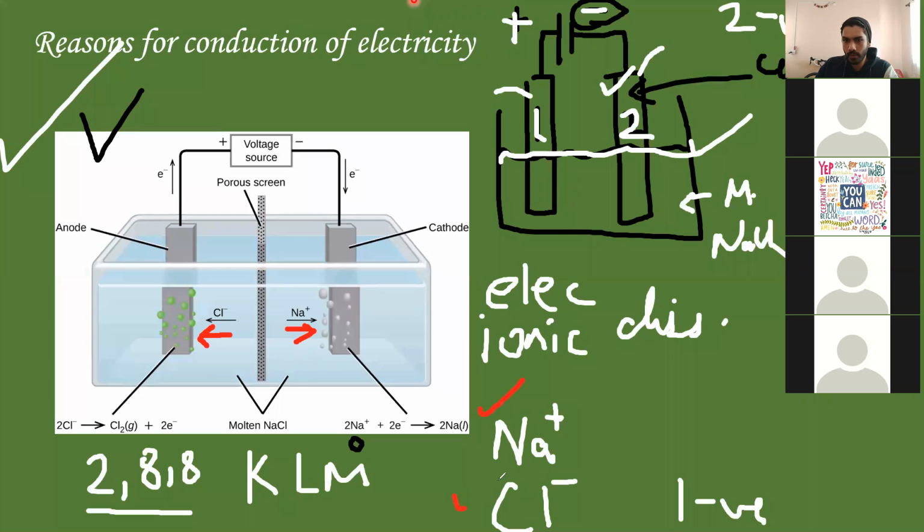So NaCl breaks into Na plus and Cl minus. Now what happens is the Na plus, being plus, it is positive in charge, it will be attracted to negative electrode, and Cl minus, being negative in charge, it will be attracted to positive electrode. Okay, so that's why I said Na plus will go to the cathode, and Cl minus will go to the anode.